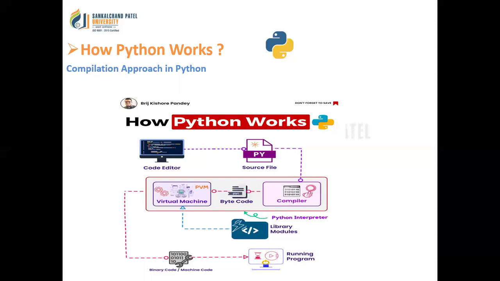Then the bytecode is passed to the PVM, that means the Python Virtual Machine, and this PVM converts the bytecode to machine code or binary code. So here the PVM additionally takes part in the process of compilation.